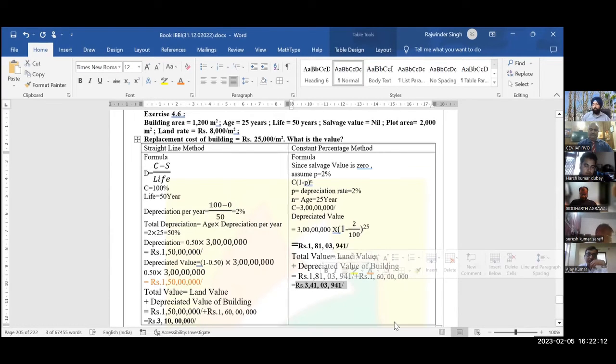Nobody will check how you have arrived here unless there is some problem. Once you give your valuation report, they will take this amount and keep your valuation report in the locker.